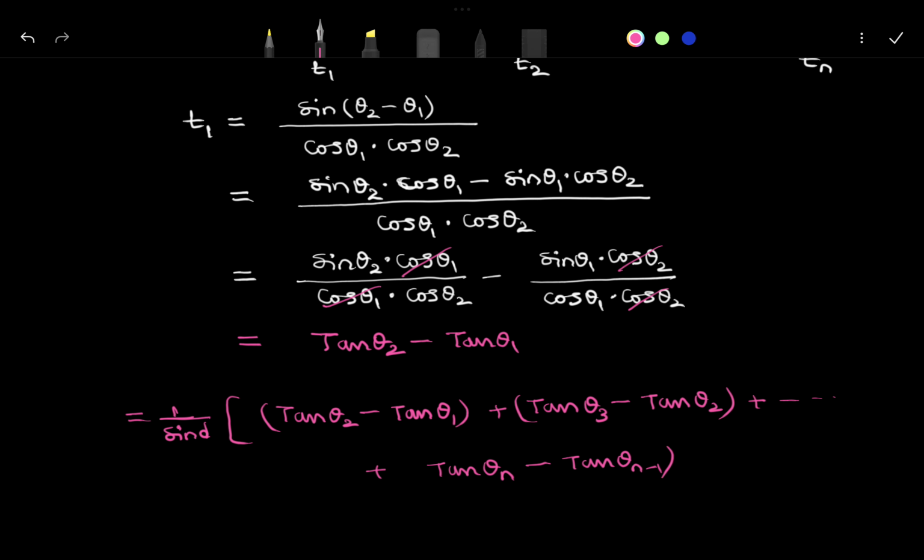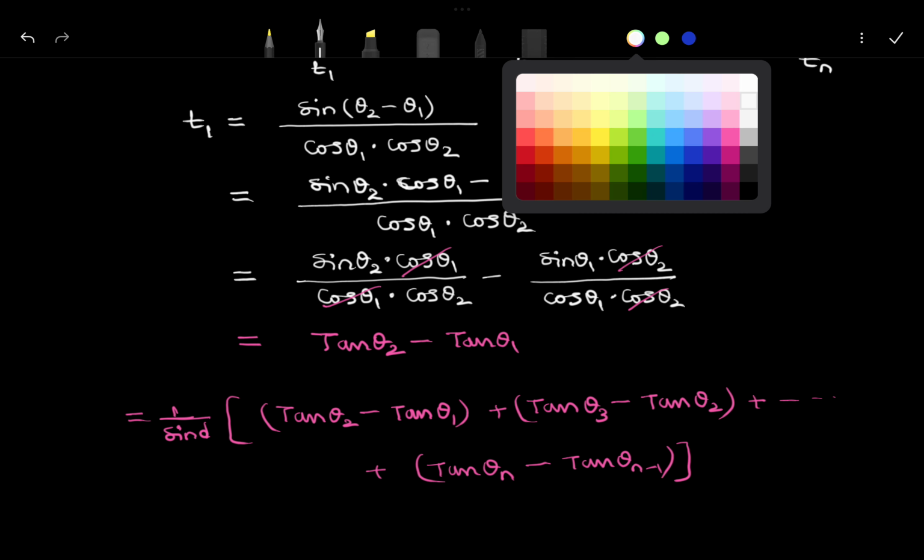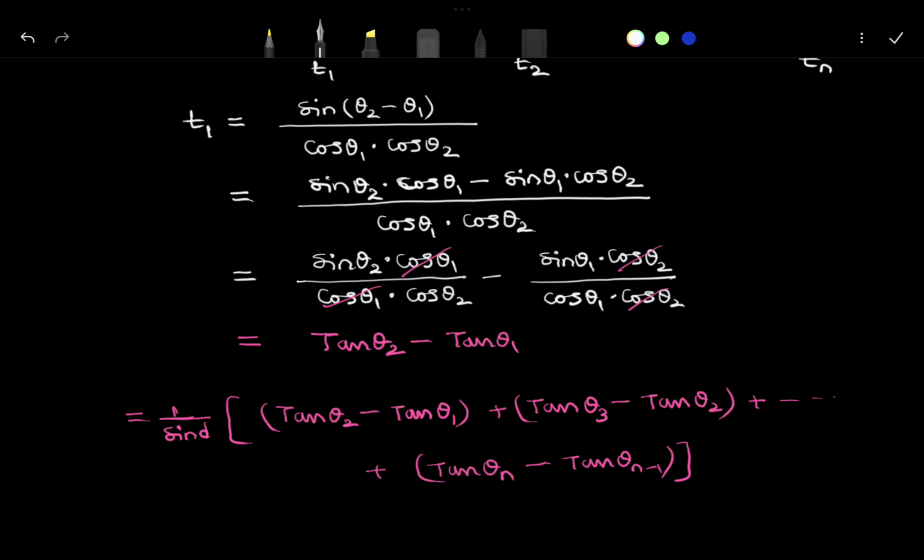So these are all the terms. Now in this one, we can cancel the different terms. Tan theta 2 will be cancelled: here minus tan theta 2, here plus tan theta 3. Like that all these terms will be cancelled.